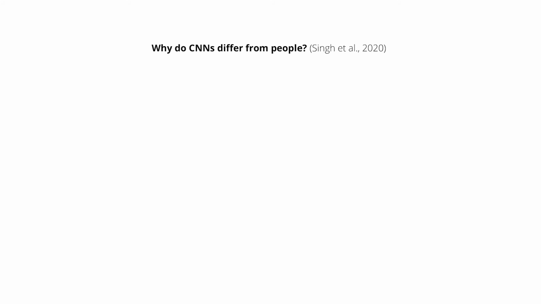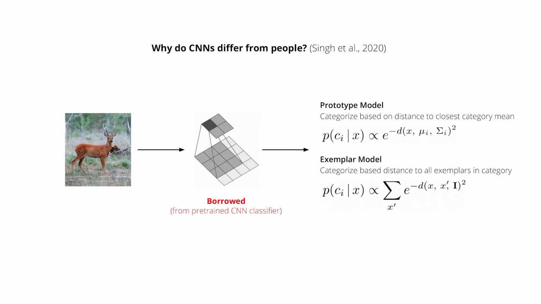So these are encouraging results, but why do CNNs differ from people in the first place? How can we close the gap without using human data as an explicit teacher? Recall that previously, we used CNN representations to test prototype and exemplar theories, but our representations in a sense were borrowed. That is, they were taken from pre-trained networks which don't employ prototypes or exemplars, but instead learn linear class boundaries.